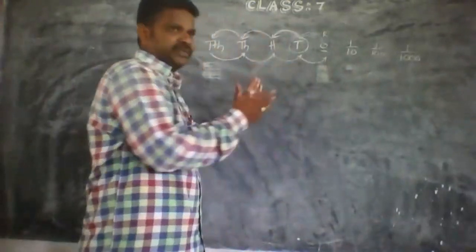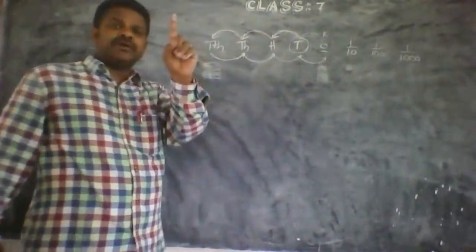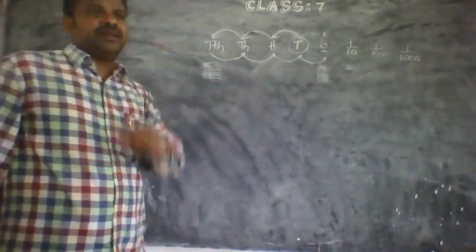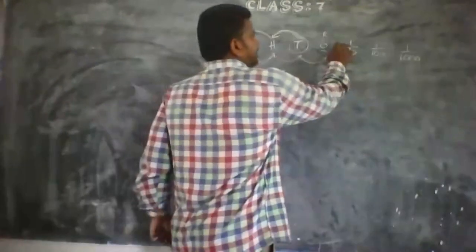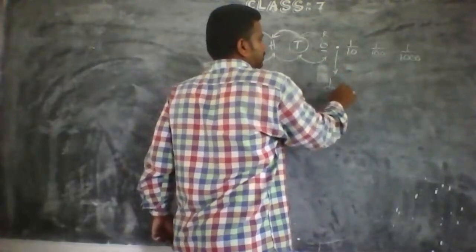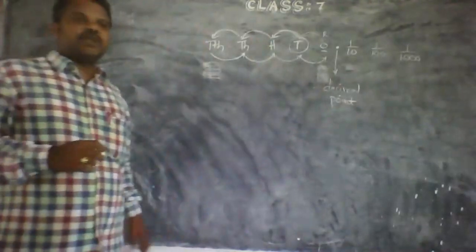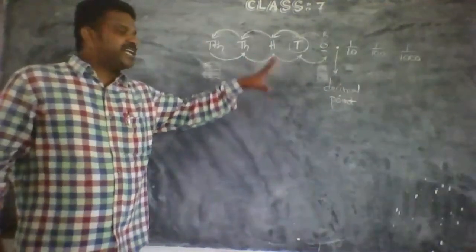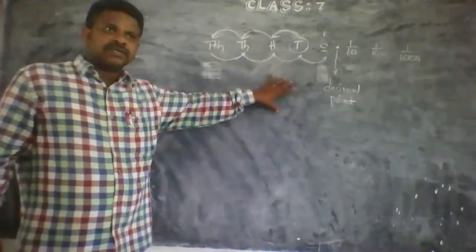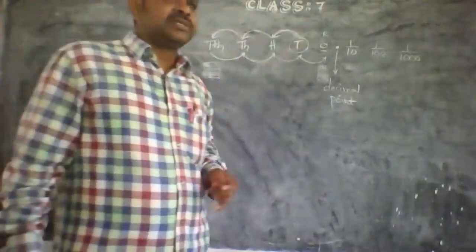To separate the whole number and the decimal part, we use one point. This point is called the decimal point.